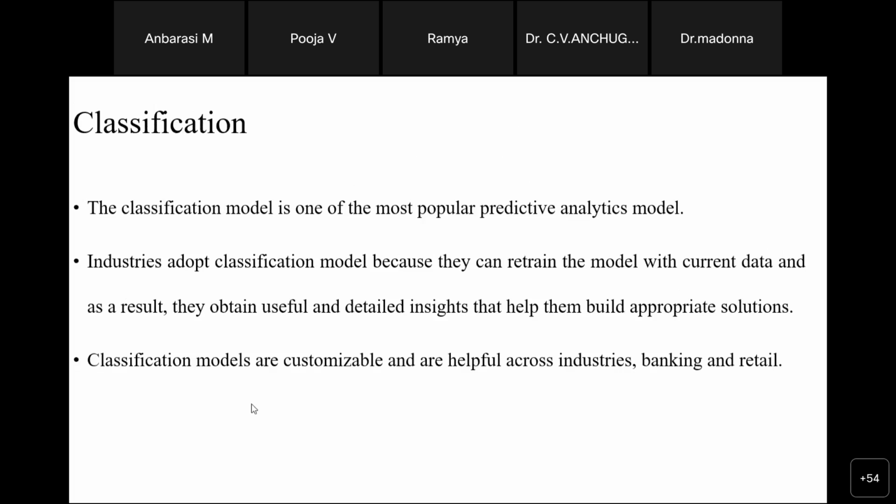Missing values in the sense, suppose you have years of experience, then we can easily predict the salary details based on the years of experience in teaching. Mostly in prediction we have numerical data, but in classification there must always be a class label, categorical data. That is the slight difference between classification and prediction.